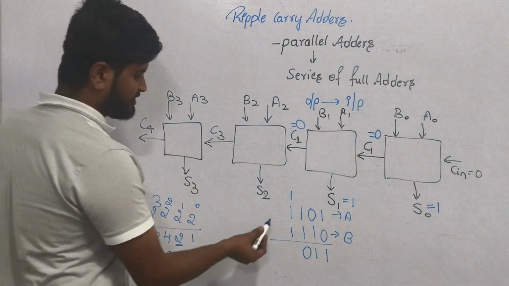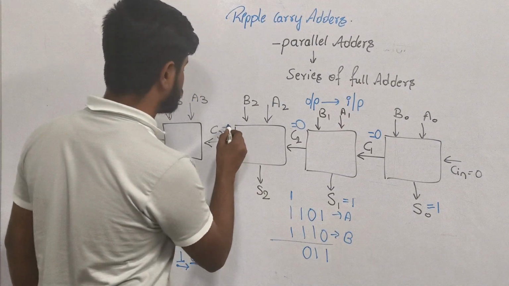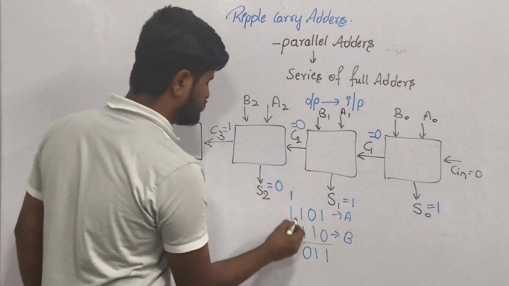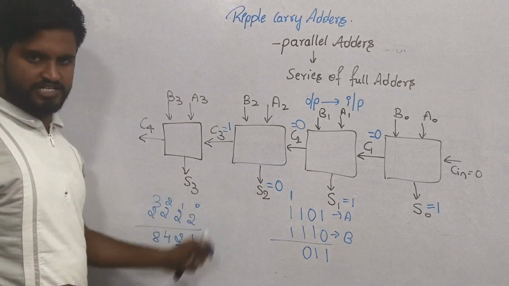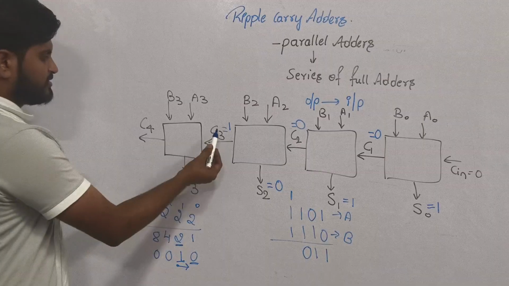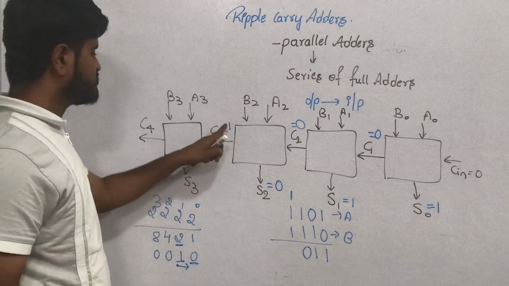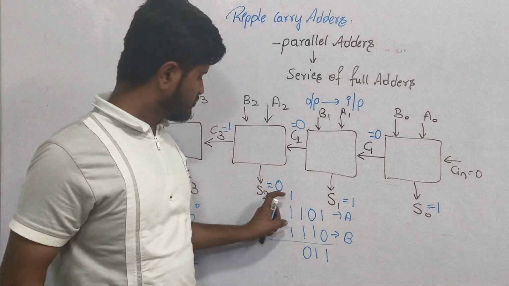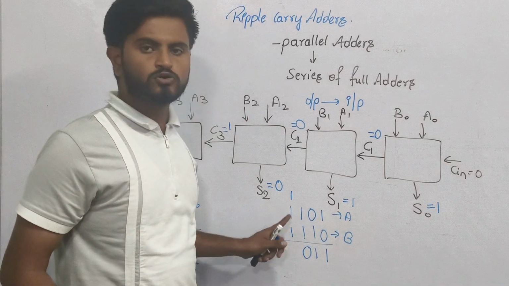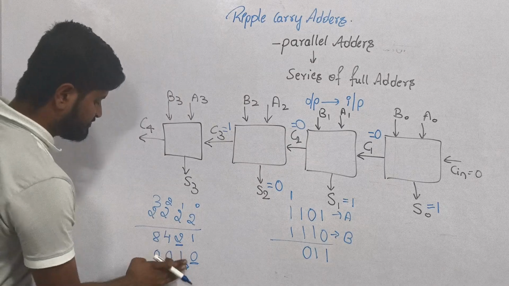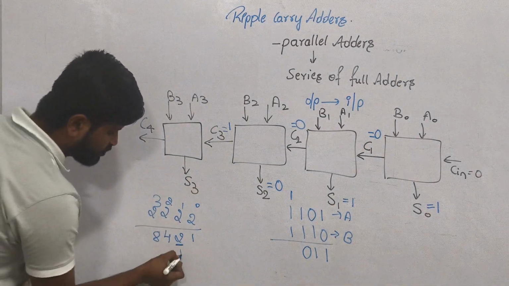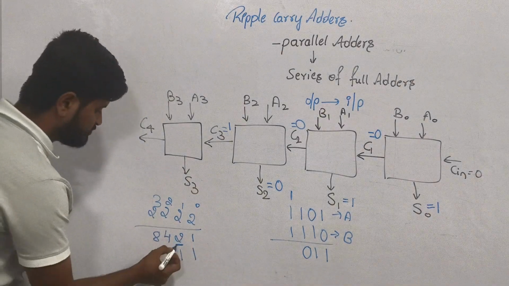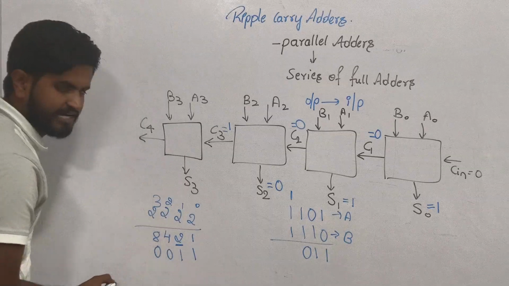Now let's represent 3, because the carry value will be equal to 1 and sum is equal to 0 in the third condition. Now for this one the input is C3, that is 1, and the A value is 1, the B value is 1. So carry is 1, 1, 1, total 3. You want to represent 3, how will you represent it? You need 2 plus 1, which is equal to 3. You don't need 4 and 8.